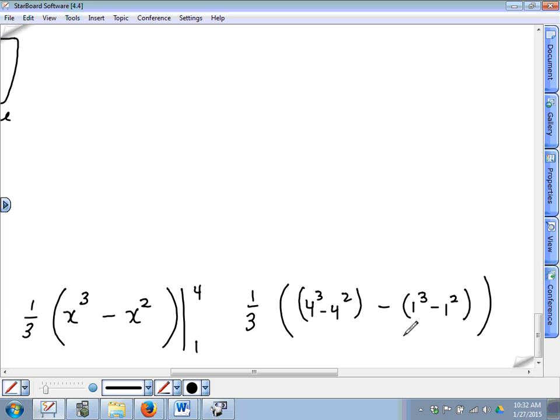Over here we have 1 cubed minus 1 squared, so this is 48 minus 0. So 1/3 of 48, which is 16.